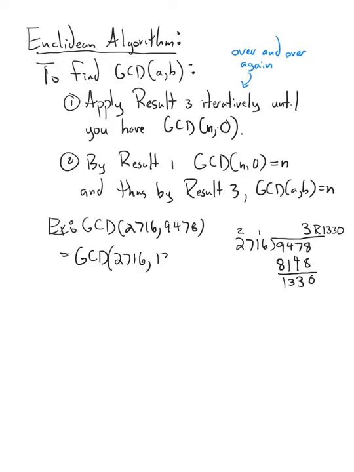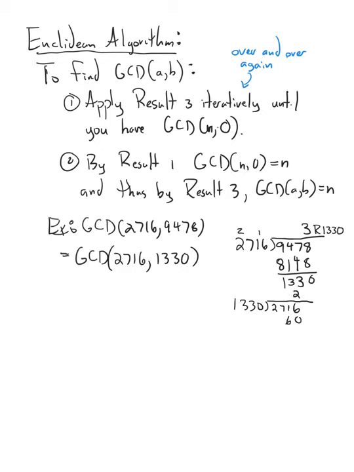So we simplified this problem into the greatest common divisor of 2,716 and 1,330. So this is a necessarily smaller problem than this one, but we can just apply the same thing. Let's do it again. So we're going to take 1,330 and see how many times it goes into 2,716. It goes twice.